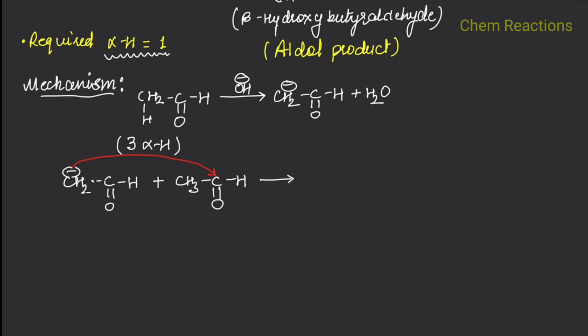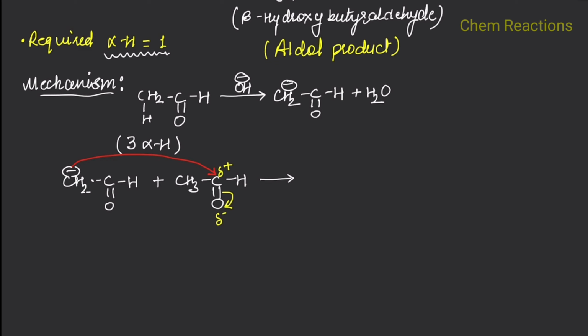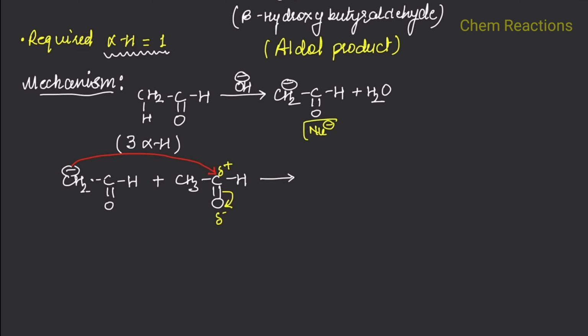A pi bond is shifted like this, and this anionic species will attack this carbon atom which has a delta positive sign on it, and oxygen has a delta negative sign. The anion which we have formed is considered in this reaction as the nucleophile. So the nucleophile attacks this aldehyde group, and then we have a new product.